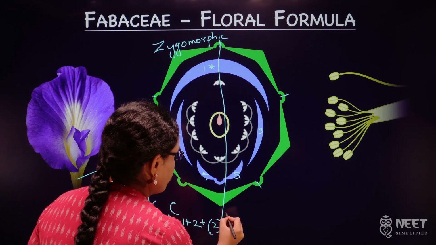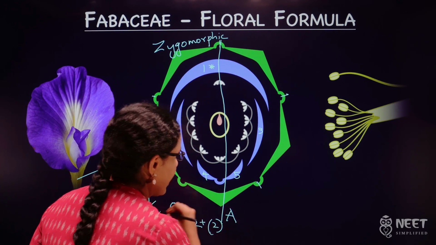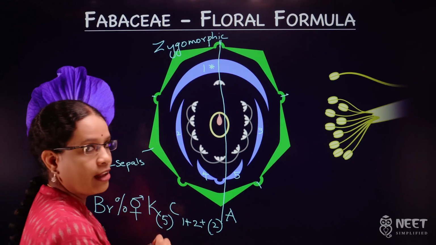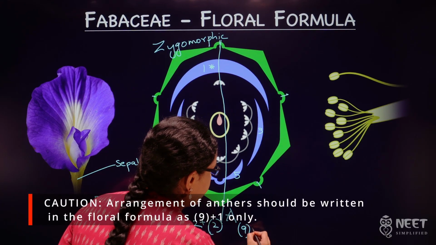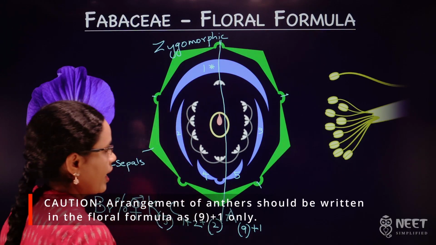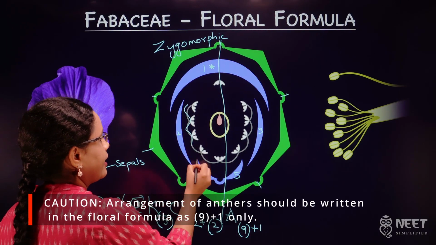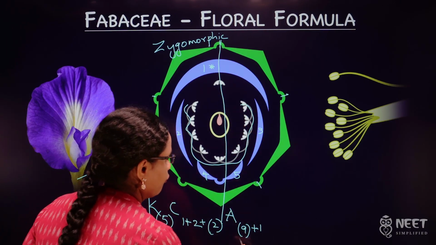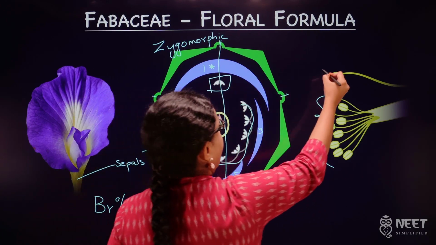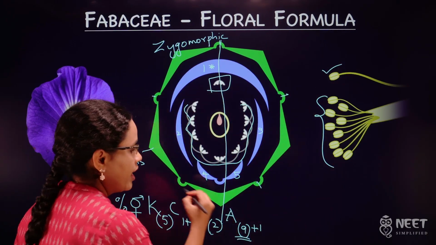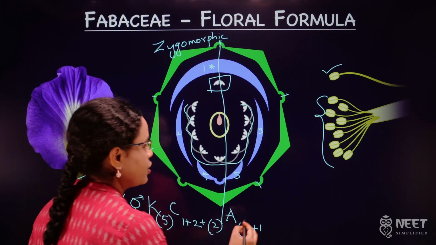And coming to the next one, Androecium. Again, one more unique feature, the diadelphous condition. We are going to represent that with 9 in the brackets plus 1. Why? You can see that 9 of the stamens are fused together and 1 is separate. So we are representing the diadelphous condition here.